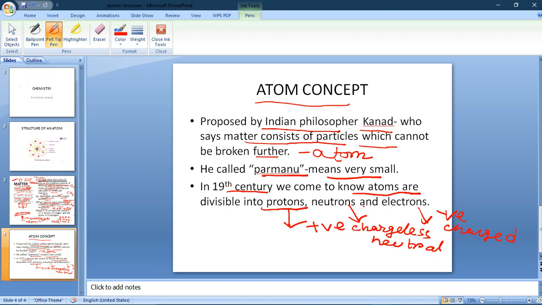Suppose I draw the structure of an atom.